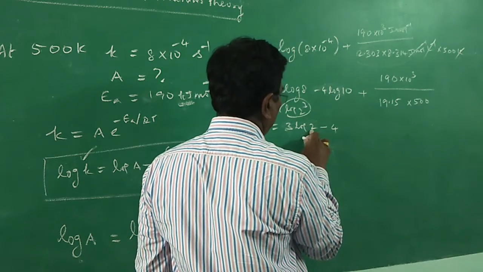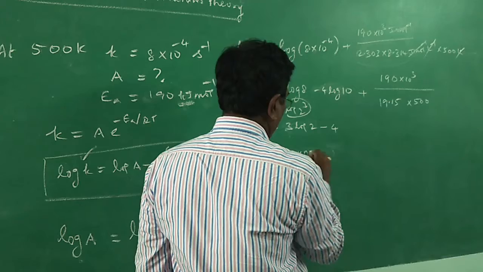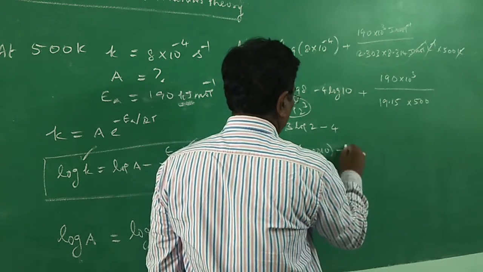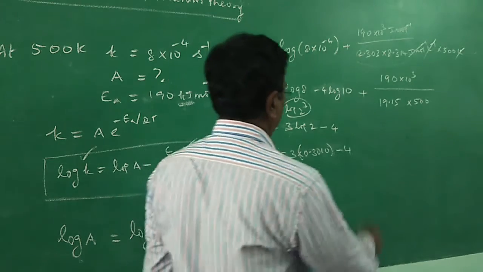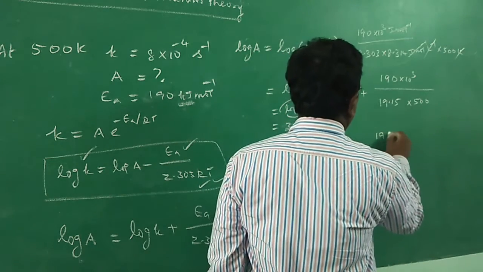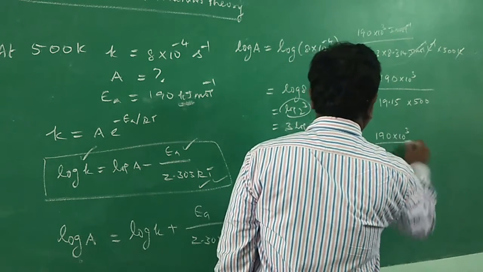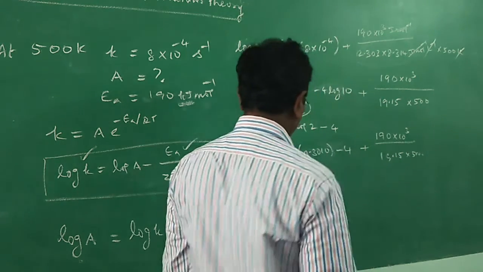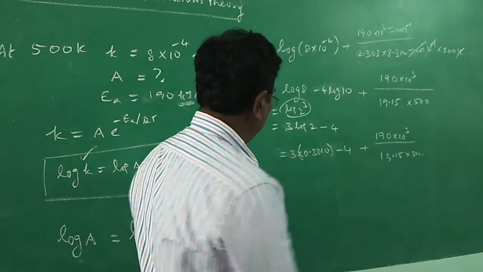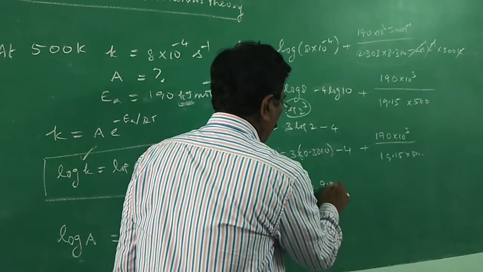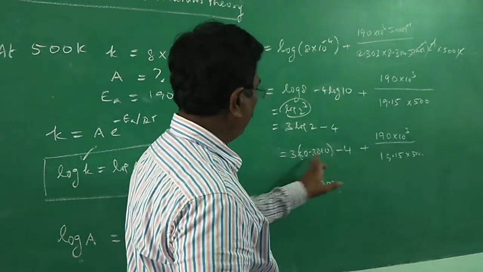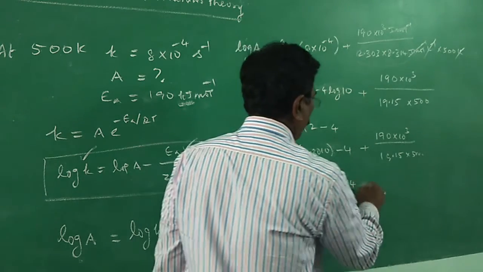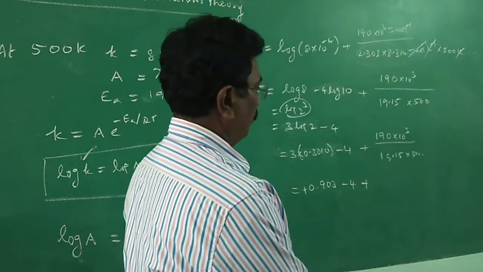Log 2 is 0.3010. 3 into 0.3010 minus 4 plus 190 into 10 power 3 divided by 19.15 into 500. Now again let me calculate this. It is equal to 0.903 minus 4 plus, let us find out this value.